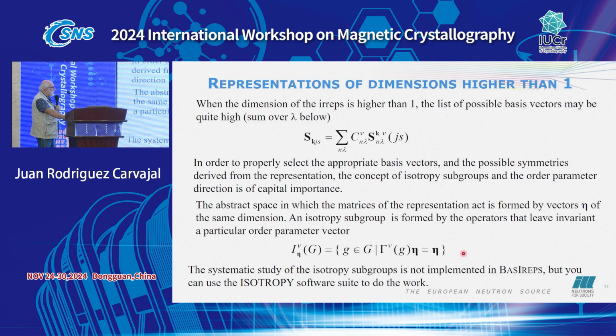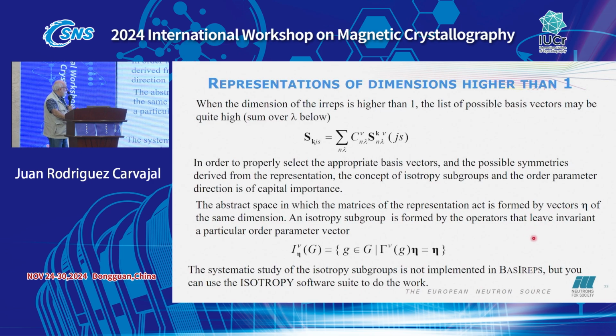You remember, a vector, eta here, corresponds to an abstract vector in the space where the representations act. An irreducible representation can be applied to vectors of the same dimension as the representation itself.